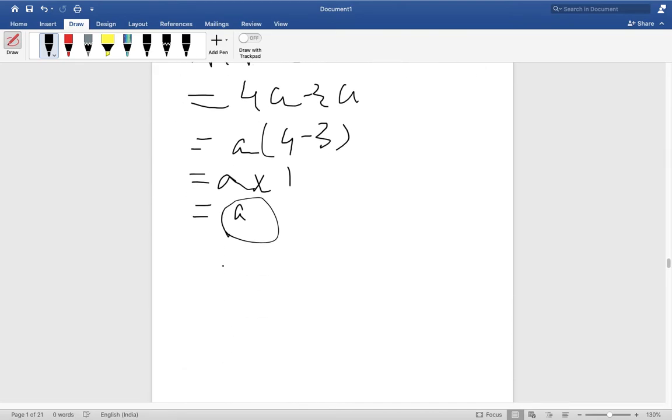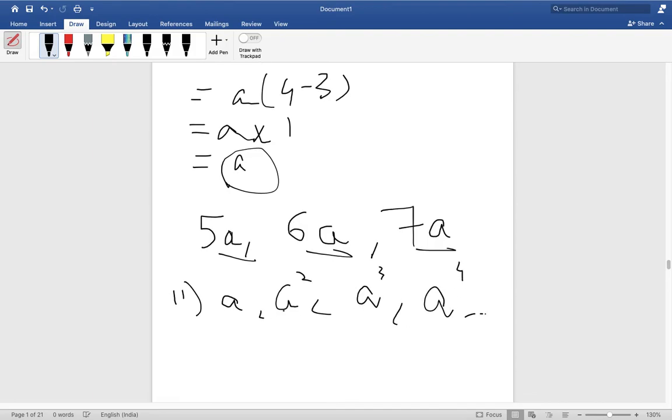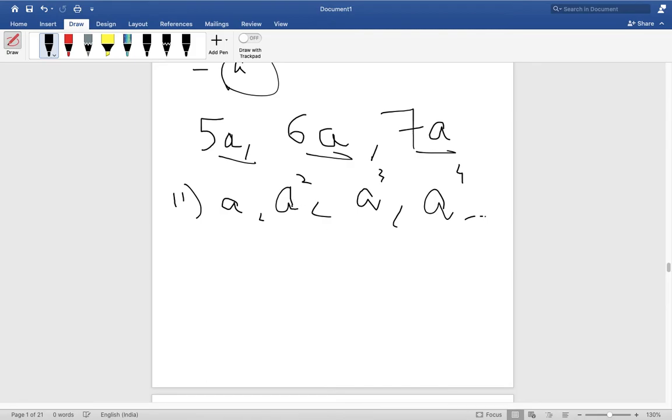Fourth term is 4A. Just add A to it, you'll get 5A. Add A again, you will get 6A. Add A again, you will get 7A. So these three are the next 3 terms in this AP. We done. Next part, A square, A cube, A raised to the power 4. Again, this is a geometric progression. This is not an arithmetic progression.